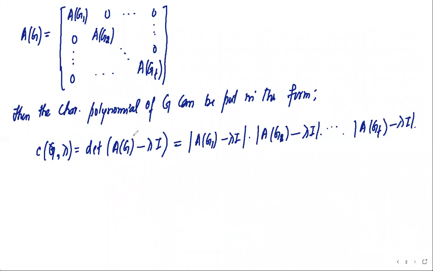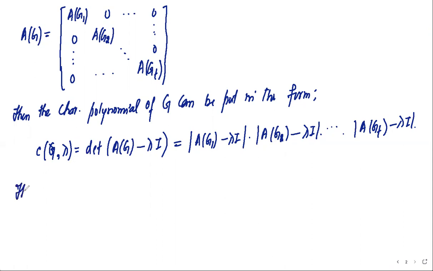With this observation, we shall only consider the connected graphs. Since if we have a disconnected graph, we can put the characteristic polynomial in this form, it is better to study the spectral properties of connected graphs. And whenever we have a disconnected graph, we can easily study the spectral properties from this equation. So from now, we have already taken this G to be a simple graph, but now because of this observation, we shall onwards take this G to be a connected graph, connected as well as simple, unless otherwise stated.